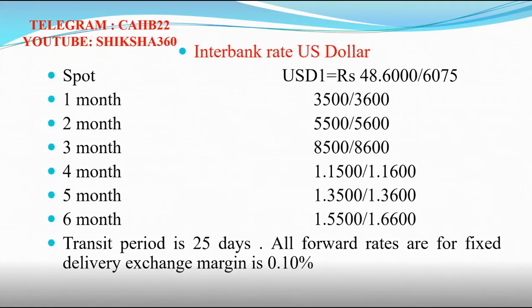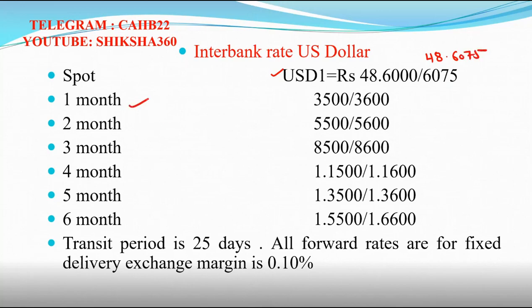Here's what they are mentioning. This case study is simply based on the interbank rate of the US dollar. They have given the spot rate: 1 USD is equal to 48.6000 or 6075, which means 48.6075.